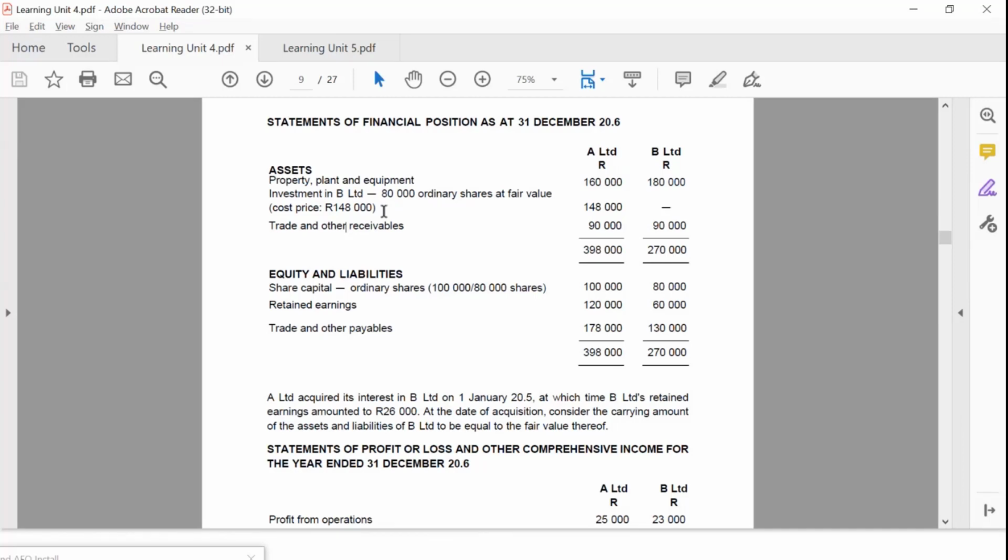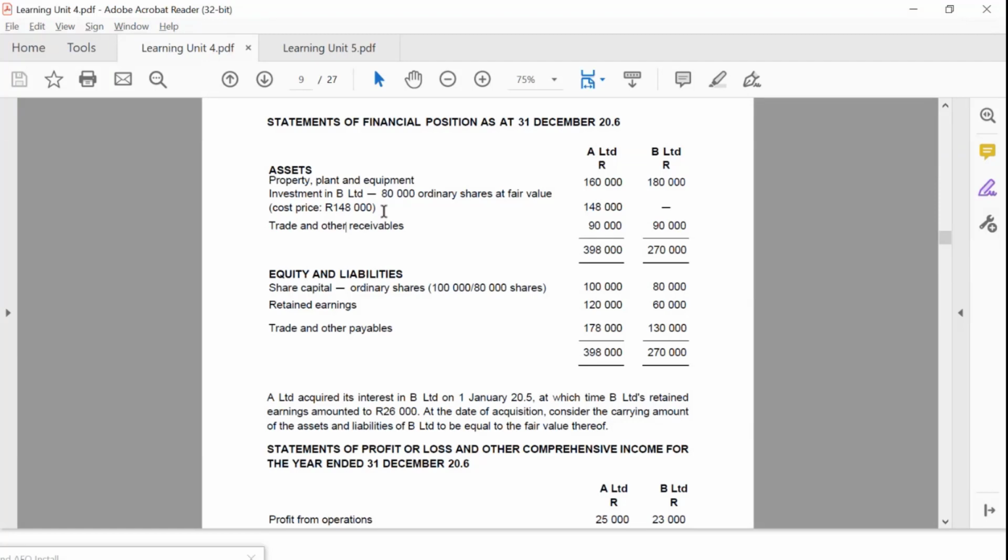So because you cannot make a transaction with yourself, this entry that A has recorded in their books and B has recorded in their books, we have to cancel it. We have to eliminate them. We have to nullify them. So the pro forma consolidating journal entry is that whatever A said was a debit, we credit. So we credit their investment of 148,000.